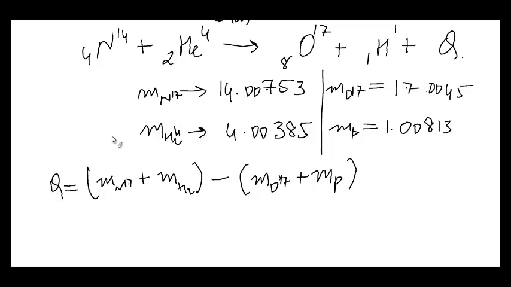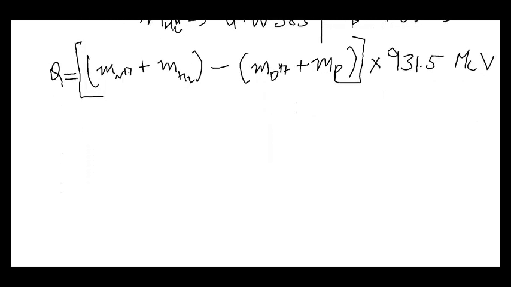We want the energy in terms of electron volts, which is the convention, so we just multiply by 931.5, or 931 MeV. This is a very simple kind of problem. All that you have to do is plug in these values and determine the Q value.